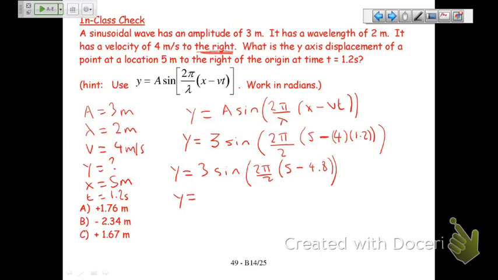So y is equal to 3 sine of 2 pi over 2 times 0.2, and the 2s cancel, so 3 sine of 0.2 pi.